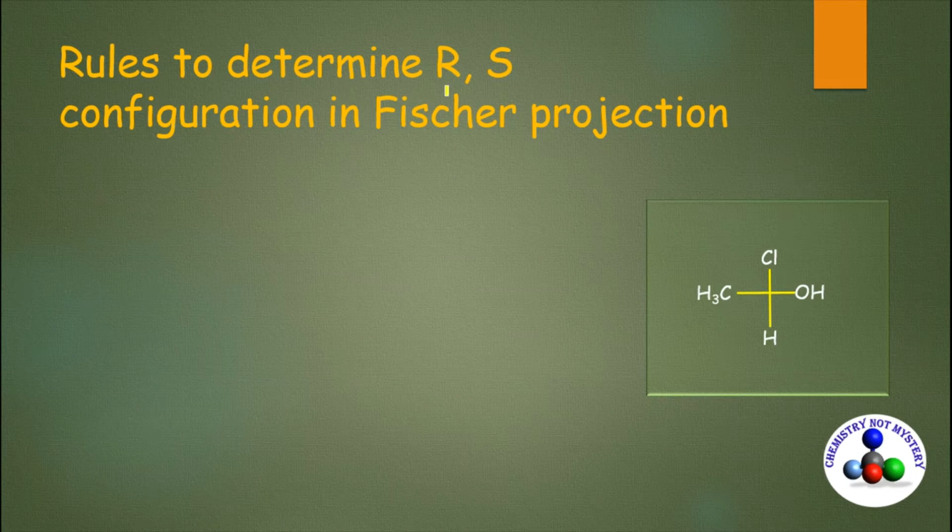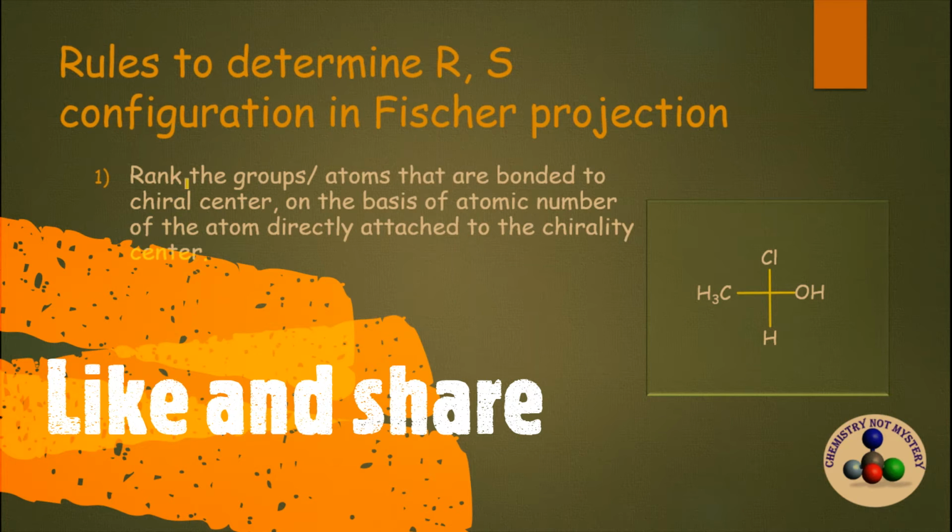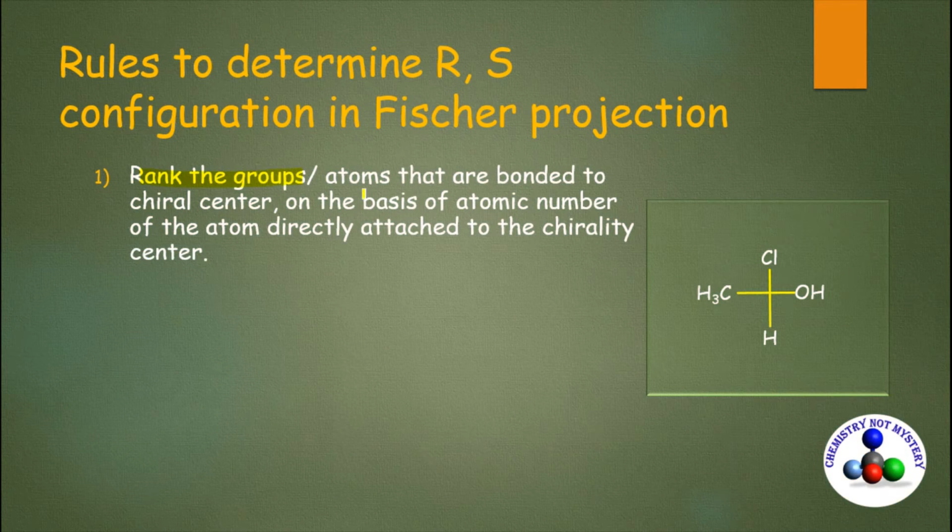Here are some rules to determine RS configuration in Fischer projection. First, you have to rank the groups or atoms that are bonded to the chiral center on the basis of atomic number of the atom directly attached to the chirality center. So let's try to apply this rule on the given molecule.